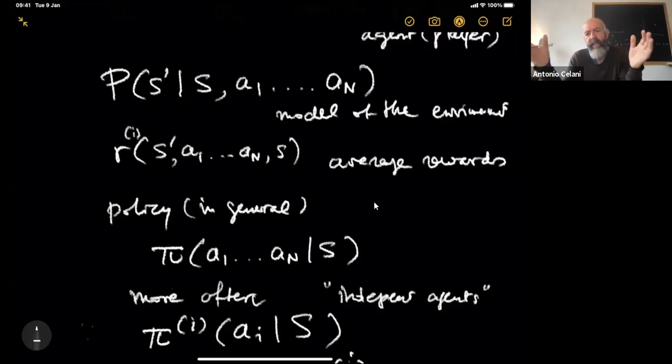The presence of many agents exponentiates the size of the state action space, maybe not the state, but the action space for sure. Therefore, if there was a curse of dimensionality for the single agent, this curse is even worse when you have to face many agents. So apart from the very simple situations, which basically boil down to usual matrix game theory, dynamic programming is not a viable option.